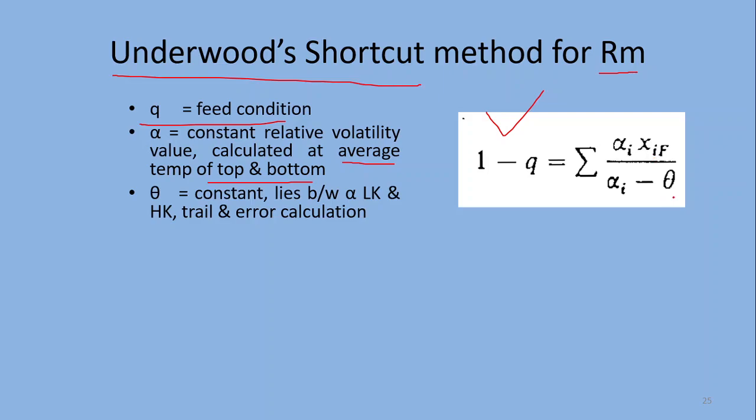Theta is a constant value that is unknown. We have to assume a theta value such that the left side is equal to the right side. That is the target.